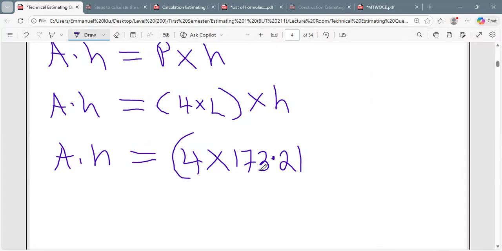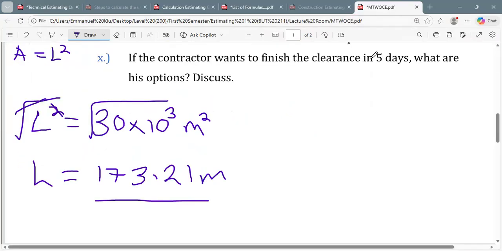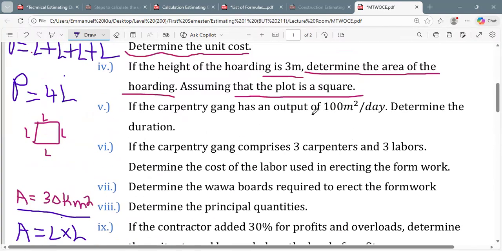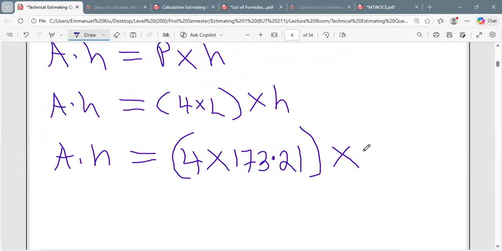So you see as we are having over here, times the height. And what is the height of the hoarding? Let's go back to the question. The height of the hoarding is 3 meters. So we can now multiply it times 3 meters.